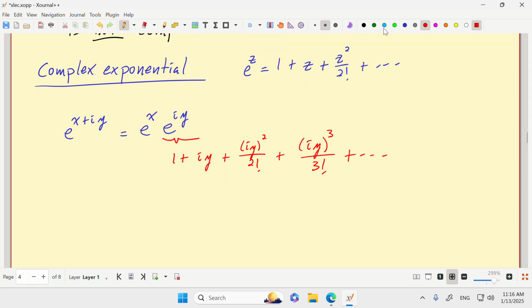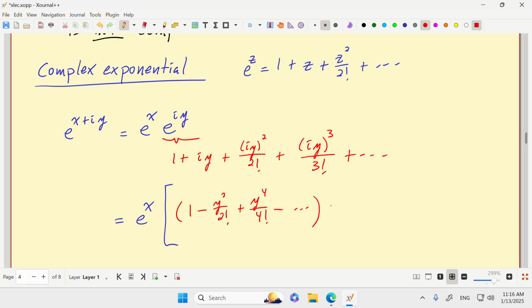And when he did that, the e to the x part sits there in front. And he collected the real parts. The real part here would be 1. i squared is minus 1, so that'd be minus y squared over 2 factorial. The next one that would be real would be plus y to the 4th over 4 factorial. Next one would be minus, etc. Those are all the real things.